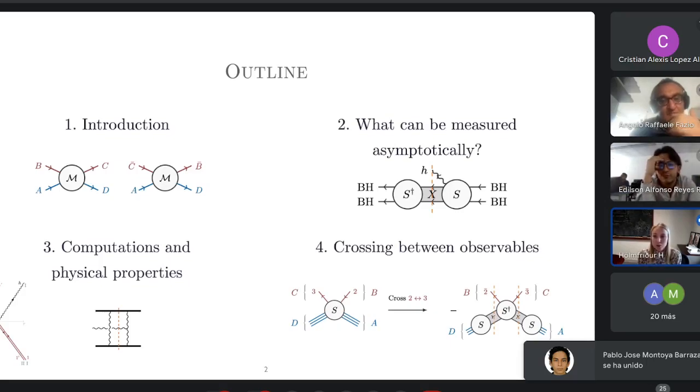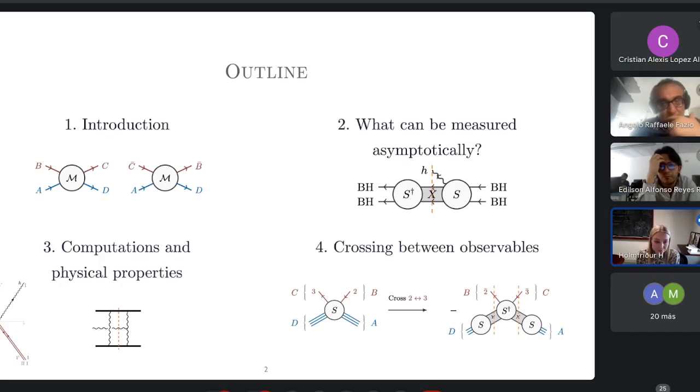That leads us to part 2, where we'll talk about this more general class of observables, or what can be measured asymptotically, as it's titled here. One of those observables will be the gravitational waveform, which is the gravitational wave that a detector on Earth, such as the LIGO detector, would detect after scattering of black holes.